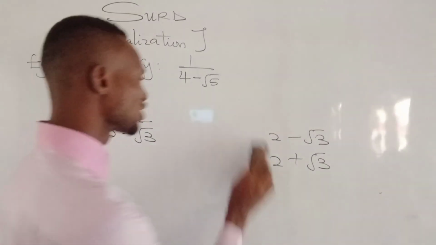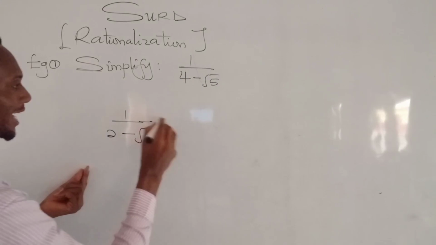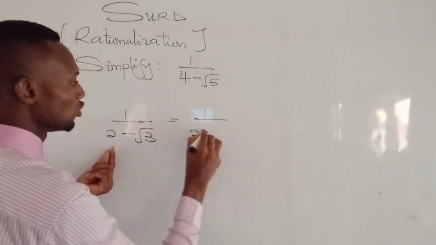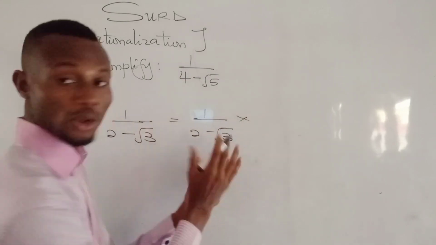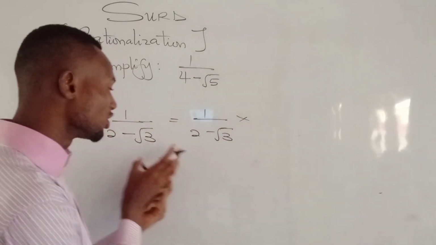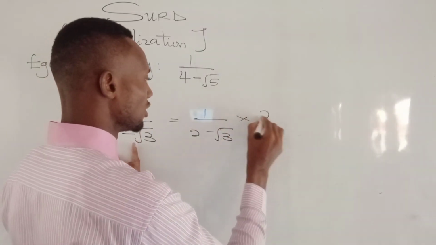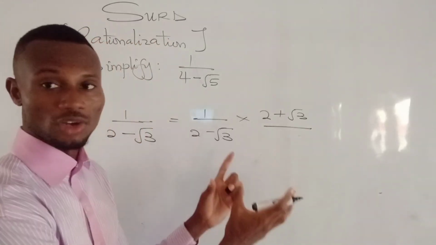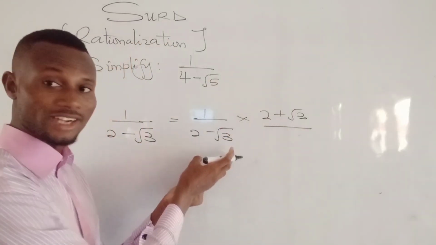So let's go ahead and simplify this one. I'm going to repeat my 1 over 2 minus root 3, multiplying by the conjugate of the denominator, which is 2 plus root 3, all over, we multiply both the numerator and the denominator of that same fraction by the conjugate.